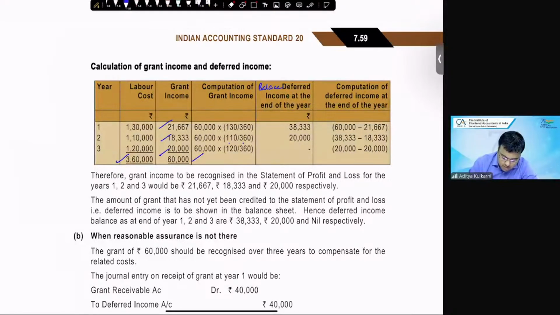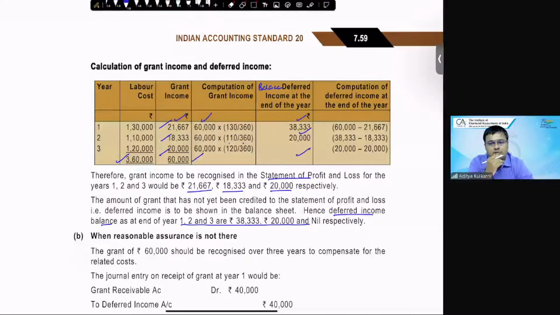So 60,000 minus 21 gives you 39, minus 18 gives 21, and minus 20,000 finally becomes 0. So in the P&L, you are recognizing 21, 18, and 20,000 respectively. Balance of deferred income at the end of each year is this much. Are we okay with this part, at least, everyone?